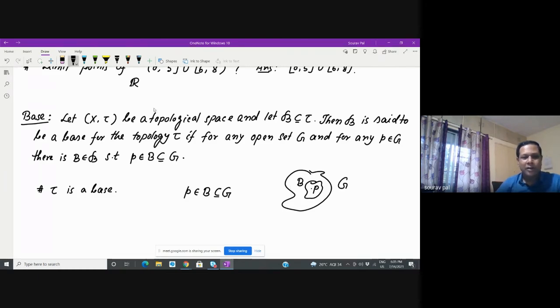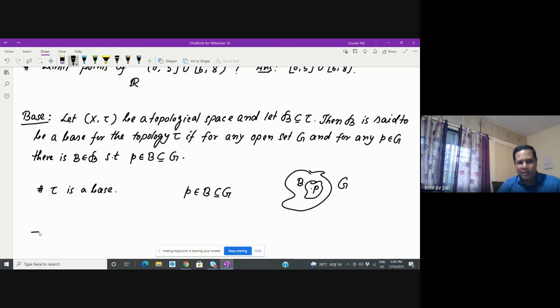Now, how can you recover the topology if a base is given? If you look at this collection, it's a subcollection of tau, and given any open set G, you can find a smaller member B from the subcollection. This is what a base actually is. If the base is given, the topology is not given.